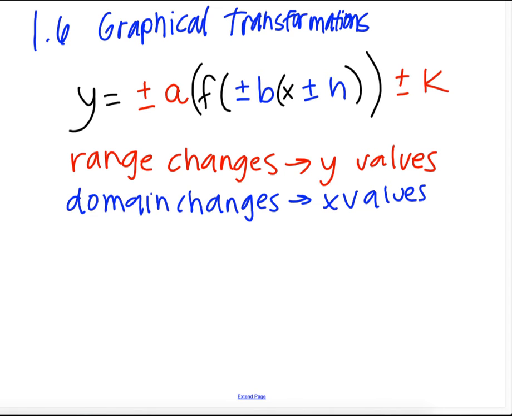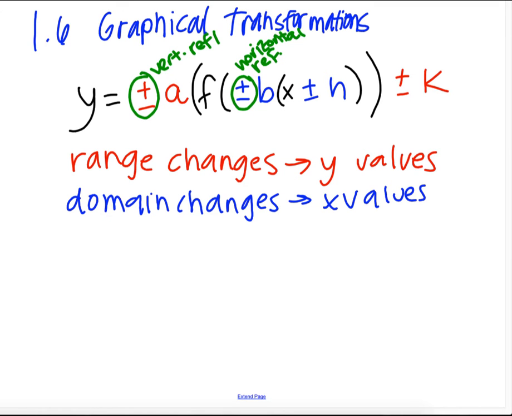This might get a little messy, I'm going to write it out here. Your positive or negative in front is going to vertically reflect it, or reflect it over the x-axis. So we'll say vertical reflection. And then the plus or minus in front of your x value, if it gets multiplied by your x value at all, that's going to be a horizontal reflection that will reflect it over the y-axis.